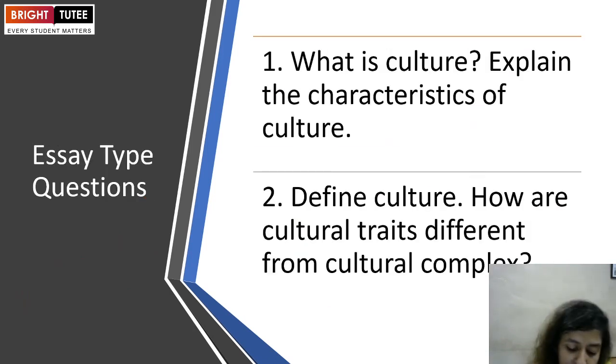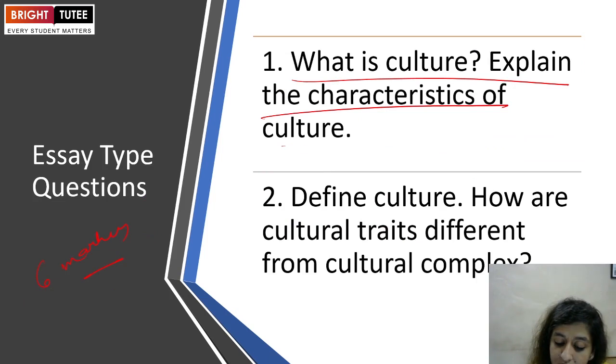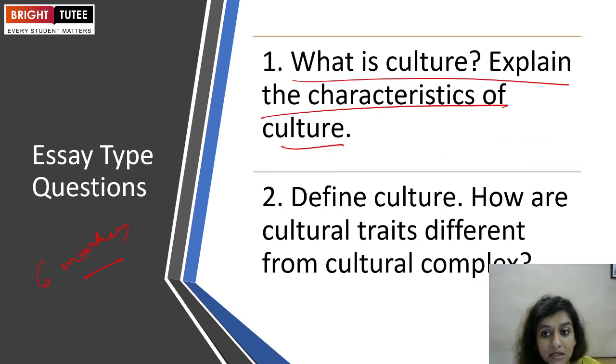Essay type questions generally are 6 markers, and they say, what is culture, explain the characteristics of culture. We have discussed the characteristics of culture. Earlier they were asking about 4 characteristics; here they are asking about all the characteristics of culture. You may write those. Again, define culture. How are cultural traits different from cultural complex?